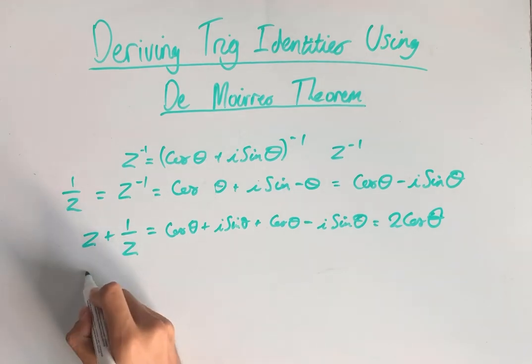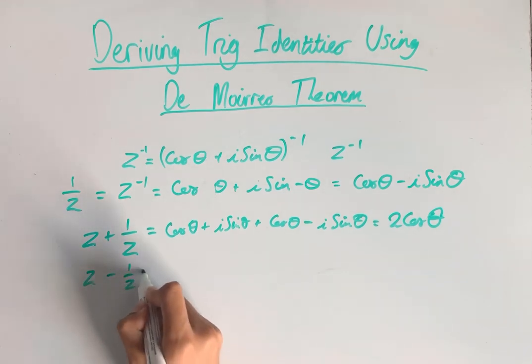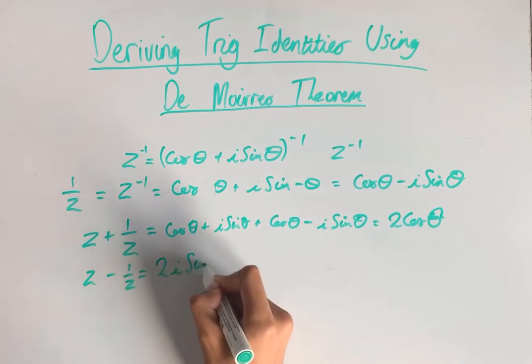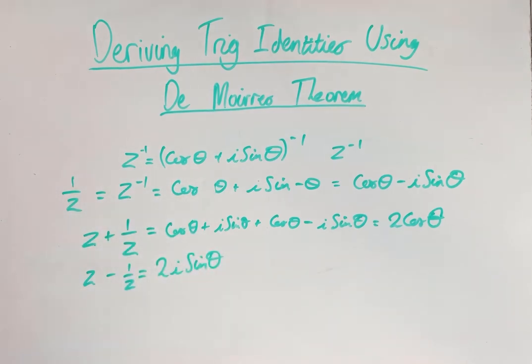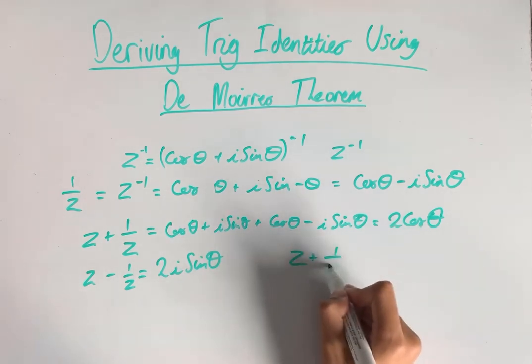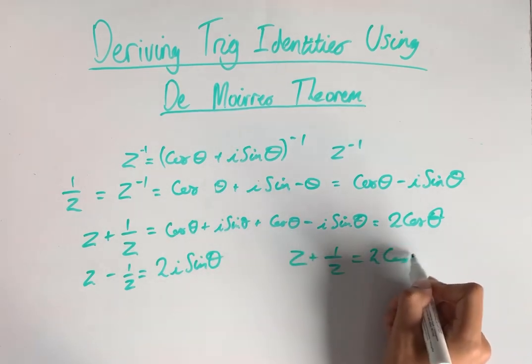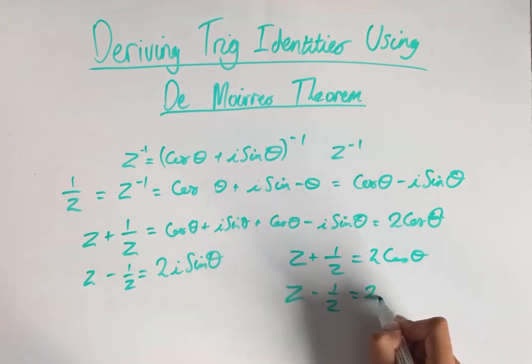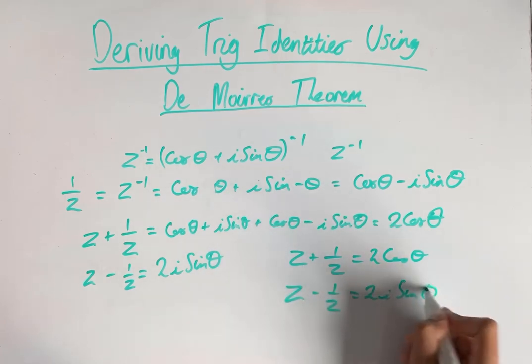And similarly, if you did z minus 1 over z, you would find that it's equal to 2i sine theta. Now these are some standard results we need to know, that z plus 1 over z equals 2 cos theta, and z minus 1 over z equals 2i sine theta.